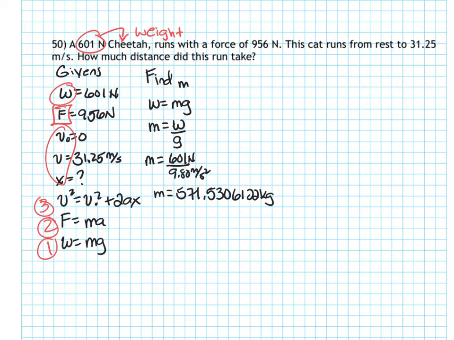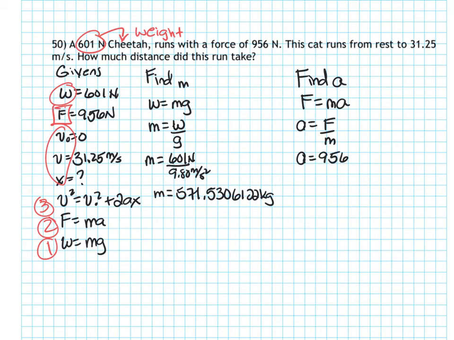Next step, I've got to find the acceleration using F equals ma, Newton's second law. So A, when I isolate the variable, is equal to force over mass. The force in the acceleration is the force the cheetah exerts, not the weight.